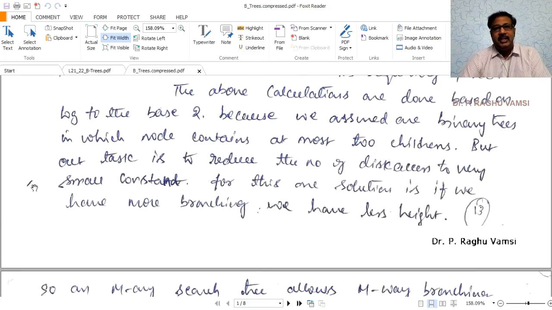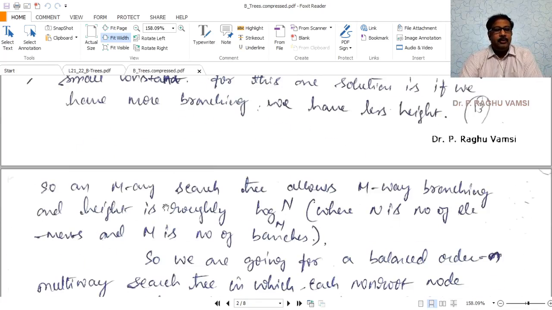When we have less height, we have less depth, and when we have less depth, the accessing time will be faster. This is the idea of having more branches. So an M-ary search tree allows M-way branching, and height is roughly log n to the base m.